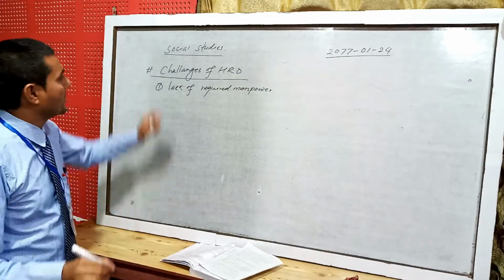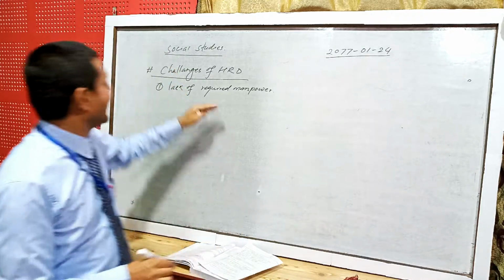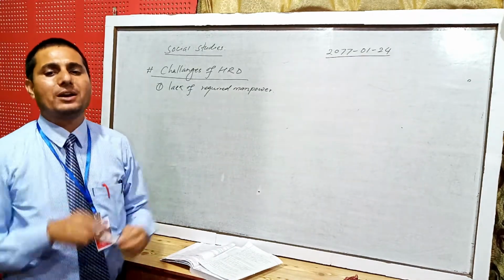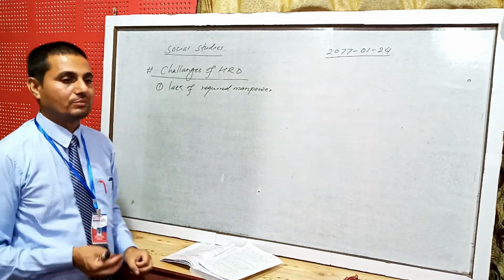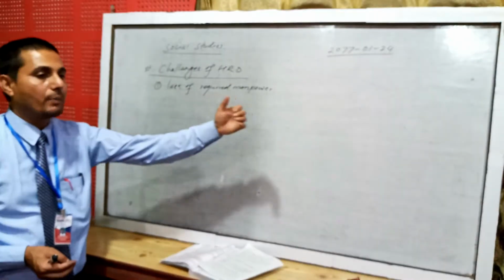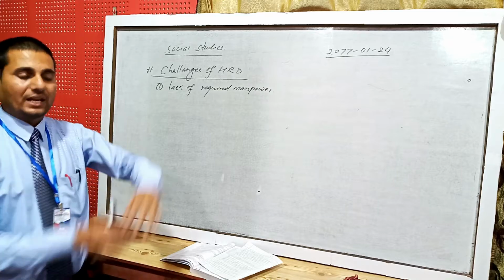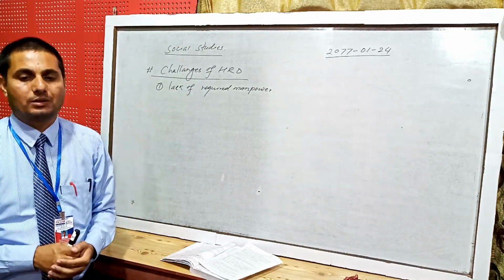The major problem in human resource development in our country is the lack of required manpower. Production of manpower in our country is not balanced. Let me tell you an example. In the field of administration and education or the academic sector, there is huge production of such manpower.